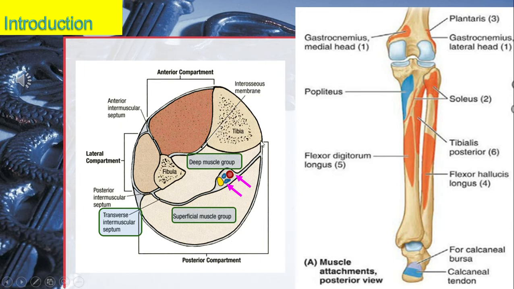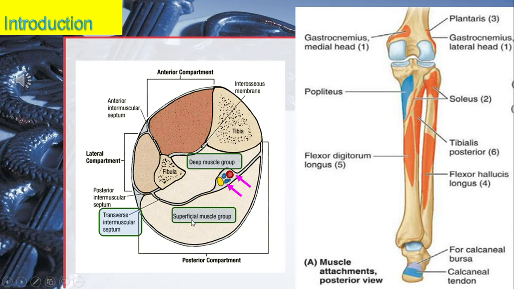We can clearly observe here a transverse intermuscular septum coming from the deep fascia and attached to the posterior intermuscular septum, which divides the posterior compartment of the leg into two parts or subcompartments.